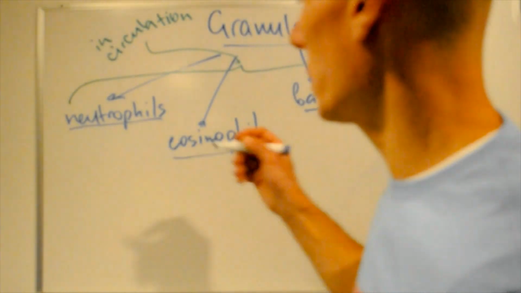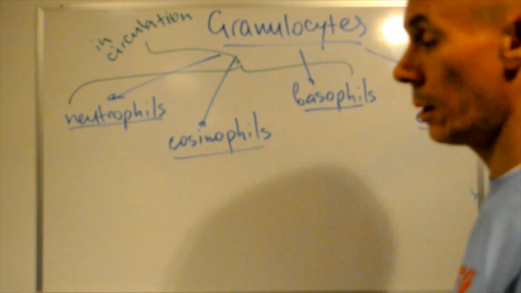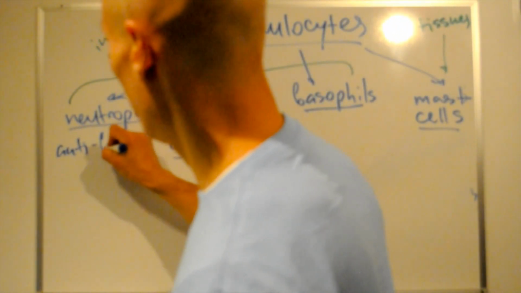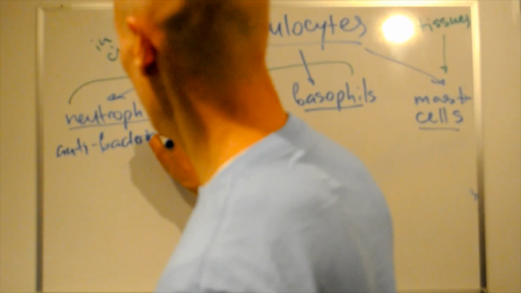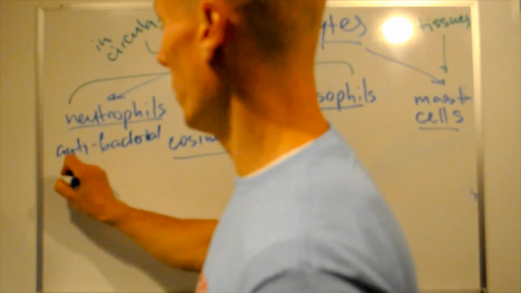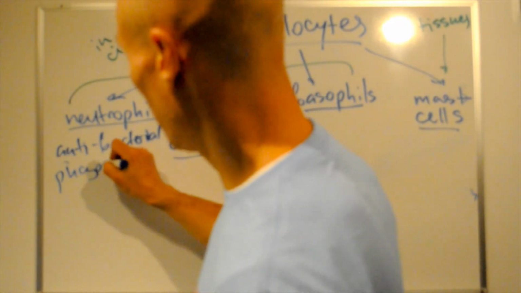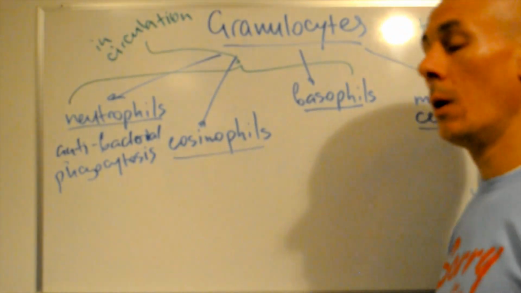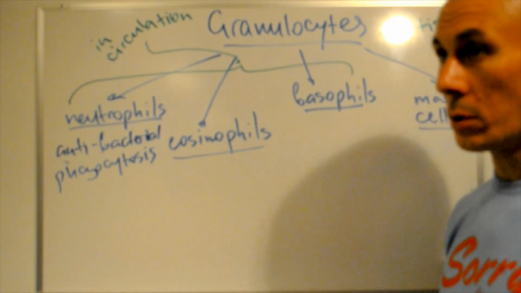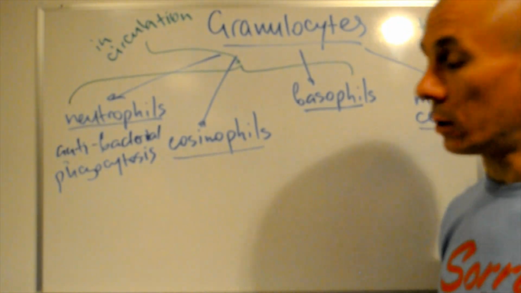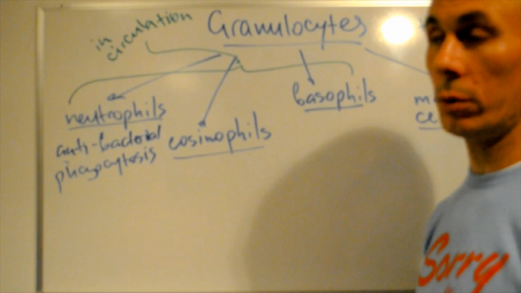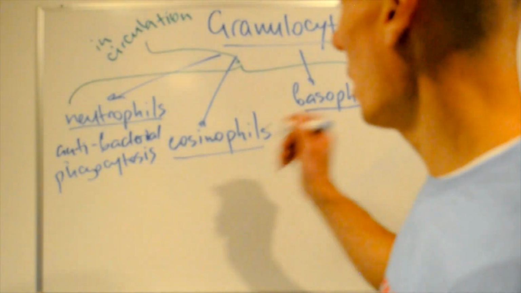So neutrophils, main players in antibacterial fight. They can do it through phagocytosis. That's probably the main mechanism. They can produce reactive oxygen species, induce chemical toxicity, and so-called neutrophil extracellular traps.